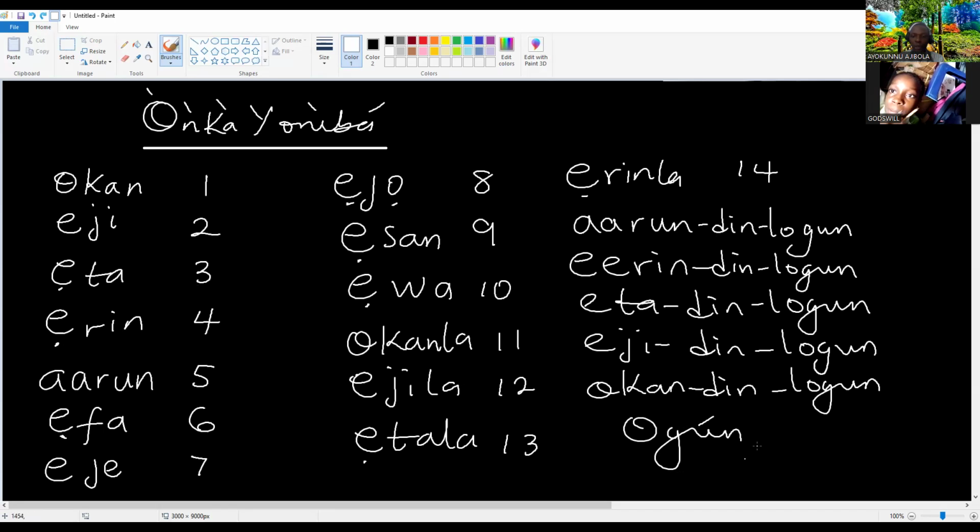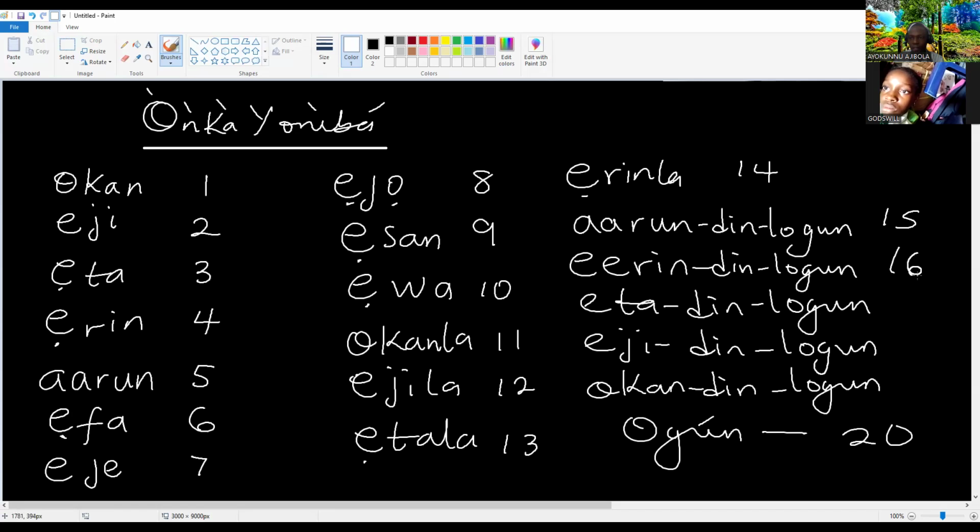Now we are going to 20. When we say 5 minus 20, D means minus, okay? D means minus. So look at àrún and look at àrún minus 20. That's 15. Is that clear? Yes, sir. Ẹ̀rin minus 20.